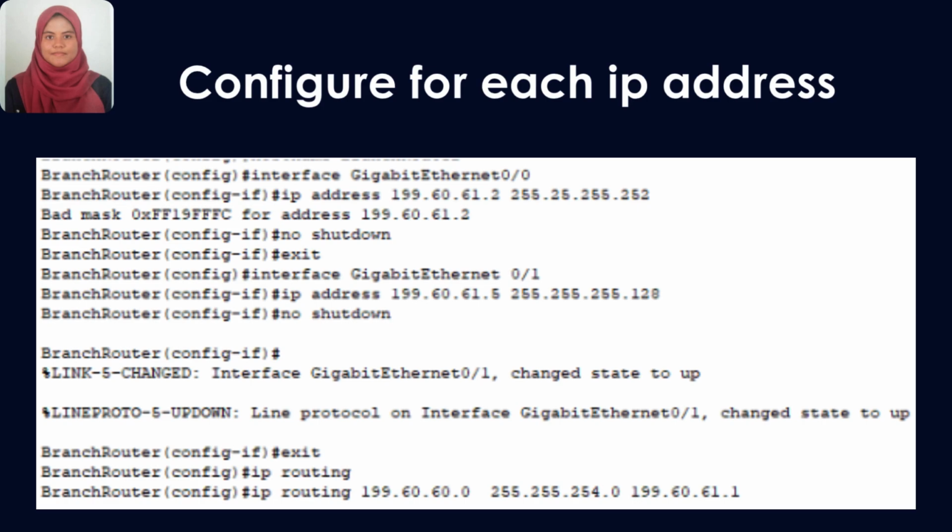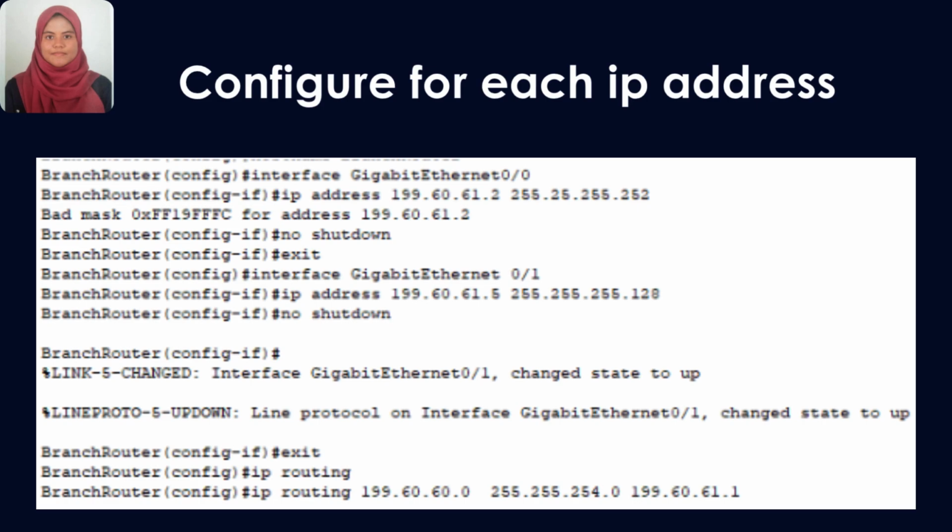However, there was an error about a bad subnet mask, which indicates that the IP and the subnet might not match correctly. Despite this, I activated the interface using the no shutdown command. Then for GigabitEthernet 0/1, I configured the IP address 199.60.61.5 with the subnet mask as well.